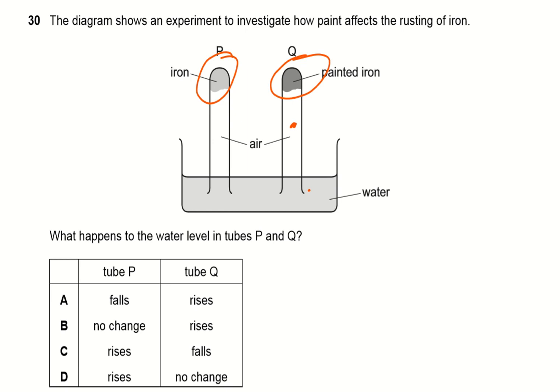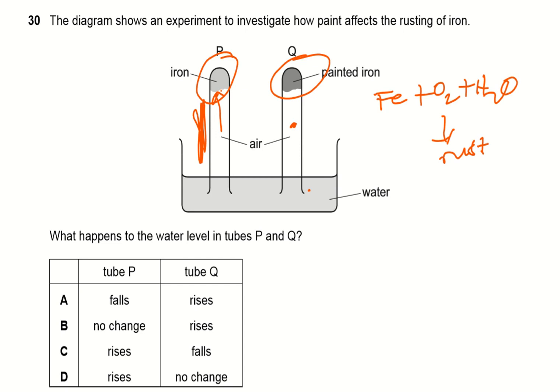So if iron takes in air, oxygen, and of course water vapor in here, we would expect that the pressure in this particular tube will reduce, because iron has taken oxygen and water vapor to form rust, iron three oxide. So the pressure here in the tube will reduce.